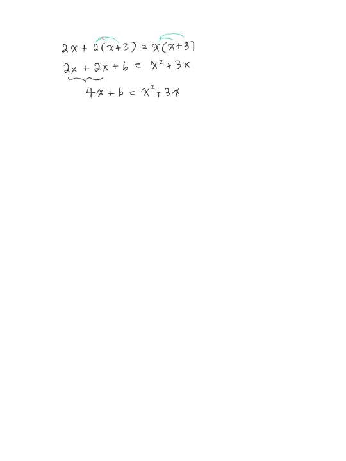Let's bring everybody to one side. Either way is okay. So let me just go minus 4x to get 6 equals x squared minus x. Then I'm going to subtract 6, so we get 0 equals x squared minus x minus 6. And we get this quadratic equation.